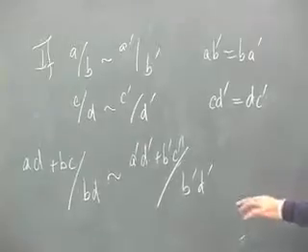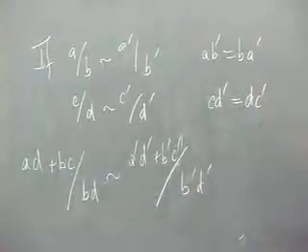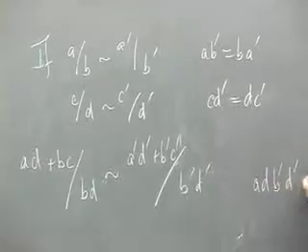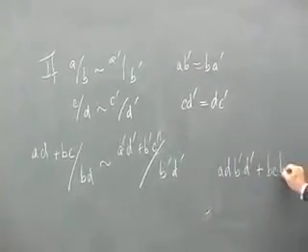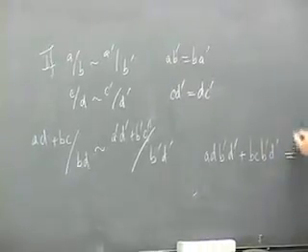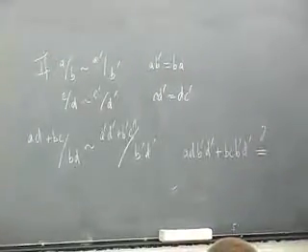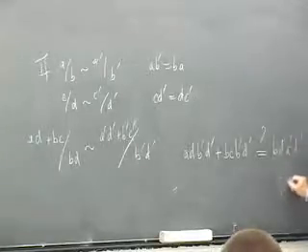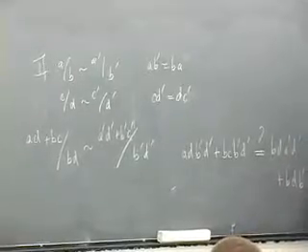And what do we have to check here? Well, if you multiply this by this, we must check is AD B prime D prime plus BC B prime D prime, is that in fact equal to BD A prime D prime plus BD B prime C prime?